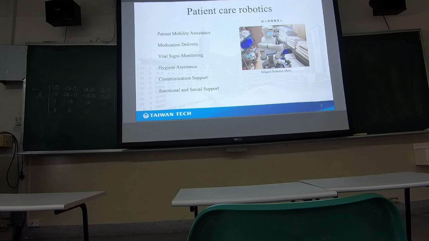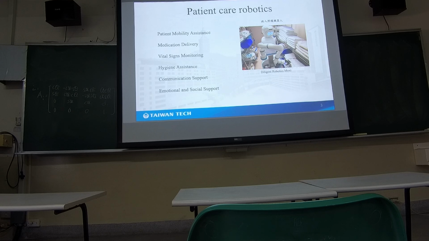Those robots can deliver medication and supplies. And three is the vital signs. They can monitor patient vital signs, like heart rate, blood pressure, and oxygen levels, transmitting data to nurses in real time.